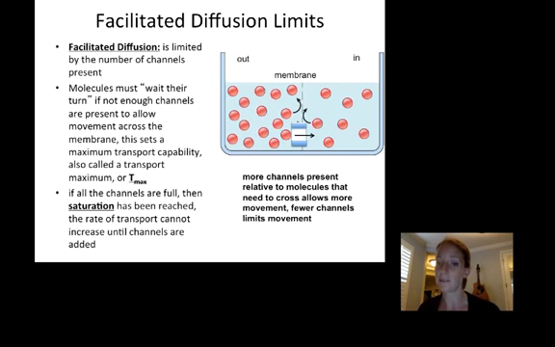In other words, if all of the molecules back up and the channel is full, they have to wait until the channel is available for that molecule to get through. The more channels you have, the more doors you have to exit or enter the cell, the faster molecules can move out of or into the cell.